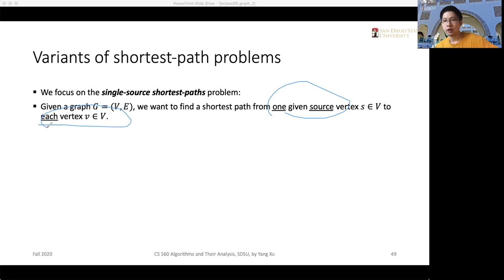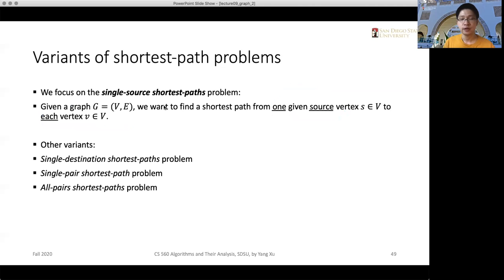This algorithm actually does a lot. It does not just consider one source and one target, but it outputs the shortest path for all the vertices in the graph with respect to the given source vertex.